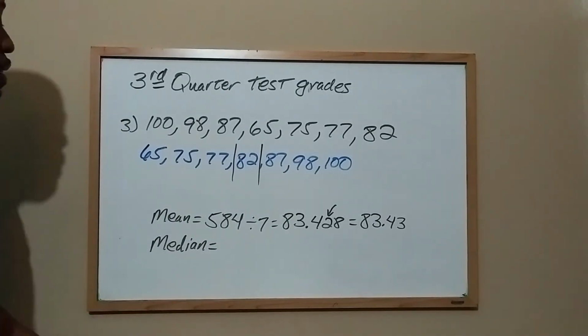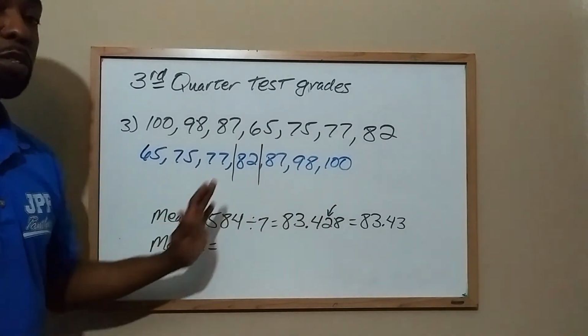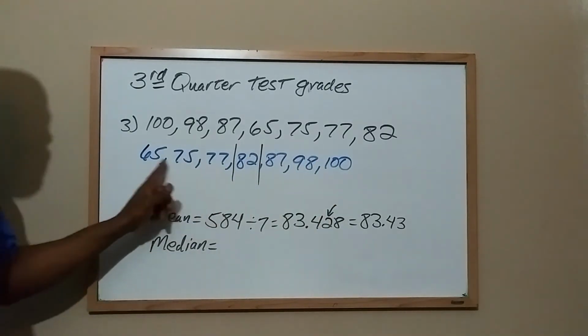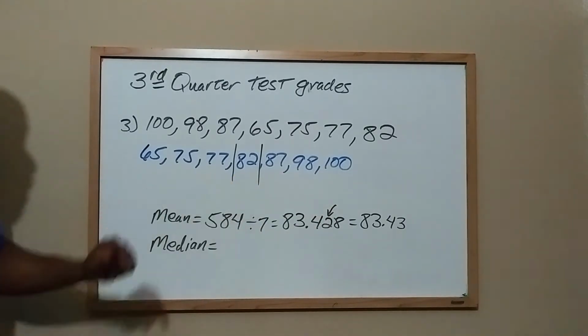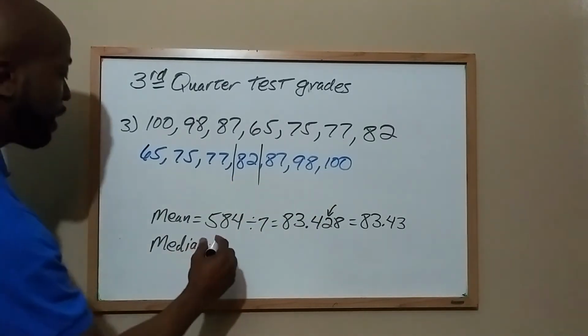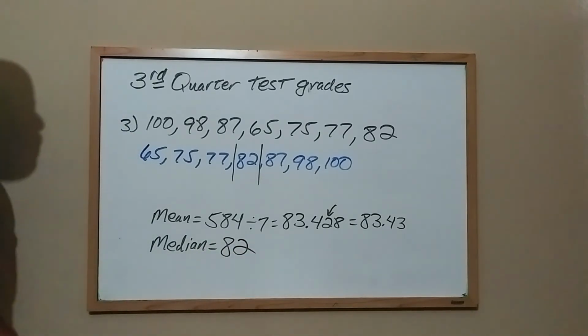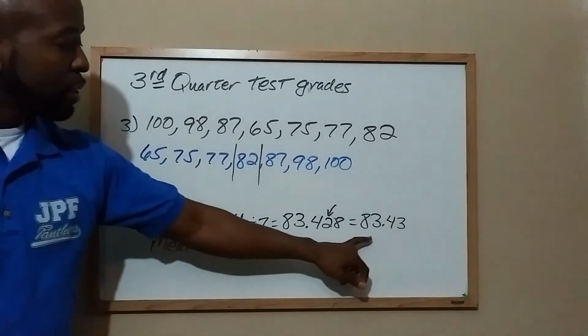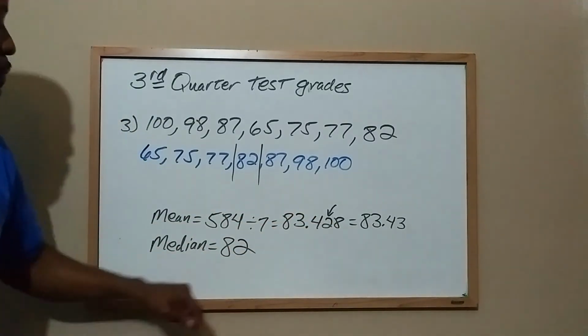I should have the same amount of numbers to the left of the 82 and to the right of the 82. 1, 2, 3 numbers to the left, 1, 2, 3 numbers to the right. Now I have the correct middle number, which is 82. The median is 82. And this 82 is close to that 83.43.